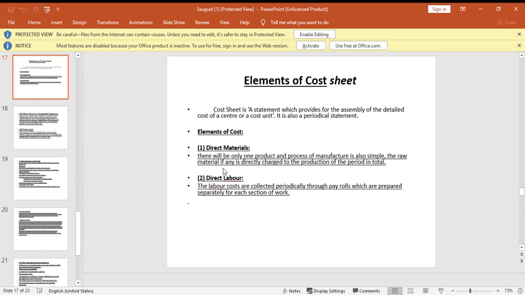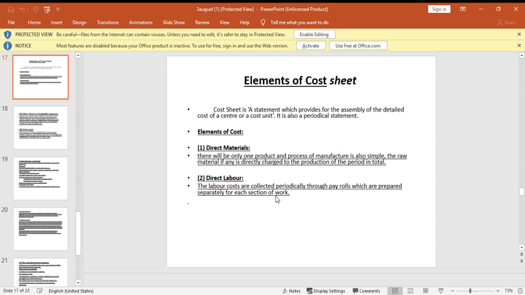So in the maintenance of industry, all should be maintained. That is, for export pricing, documentation will be required along with the direct labor. Direct material means that there will be only one product and process of manufacture.